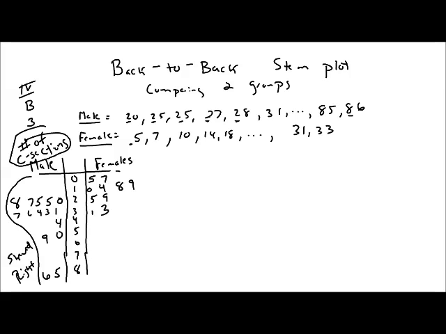Okay, what kind of shape is this? Well, that's pretty obvious. That's approximately symmetrical. We need a key. So let's pick 3|1 is 31 C-sections.